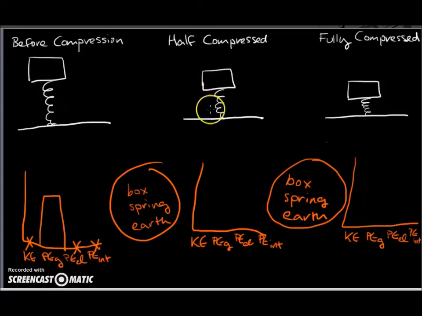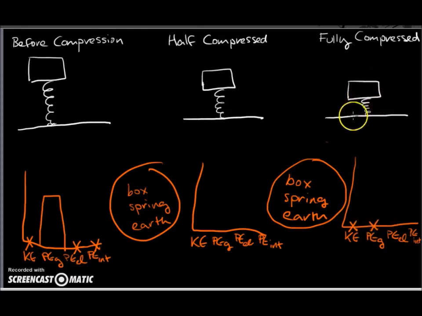Instead of going to the half compressed situation, let's go ahead and go to the fully compressed situation. This is where the spring and the box have stopped moving downwards and are in fact about to start moving upwards. So there's an instantaneous point in time in which the box and the spring are not moving. Because they're not moving, they have no kinetic energy, and because they're as close to the ground as they can be, there's no potential energy of gravity.